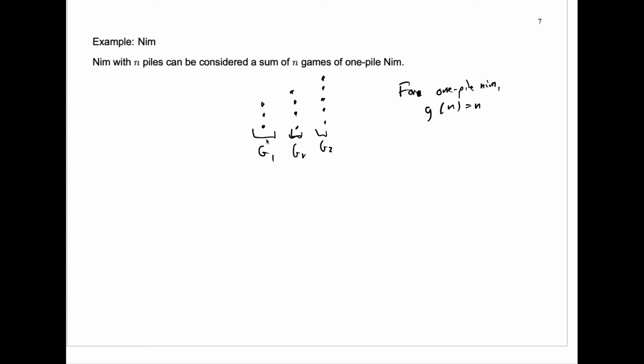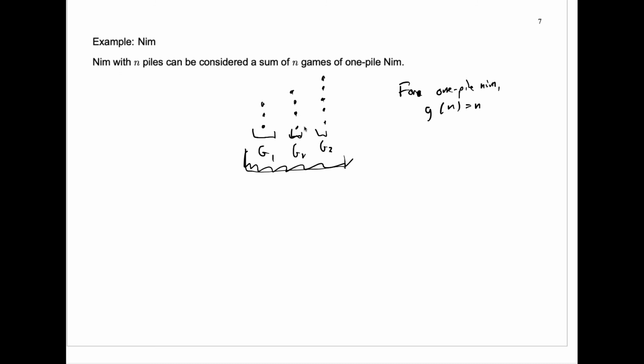Now, 3-pile nim is just a sum of games because it's like 2 players, they alternate turns, picking one of the one-pile nim games and making a legal move. Then the other player picks one of the one-pile games and makes a legal move. That's how nim works when you have multiple piles.